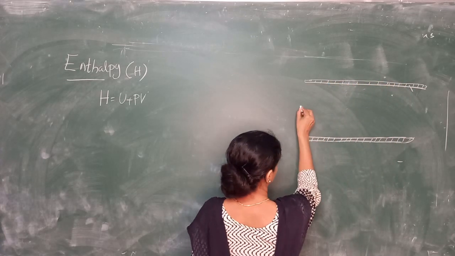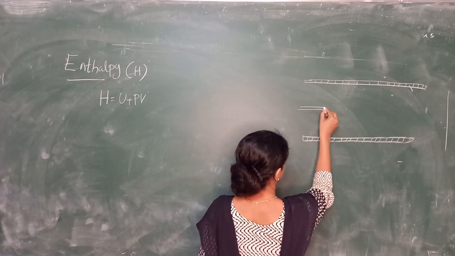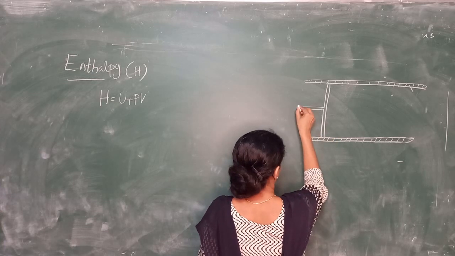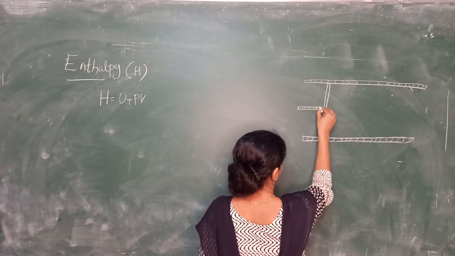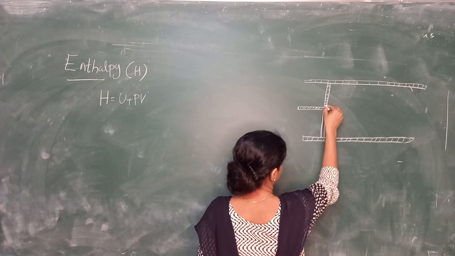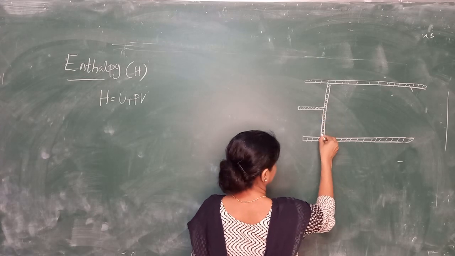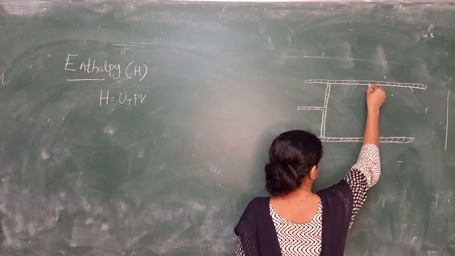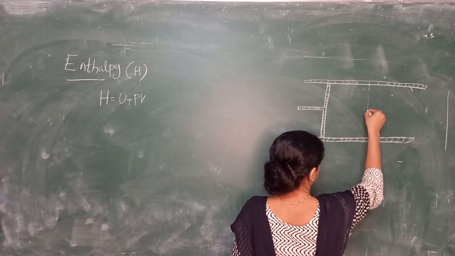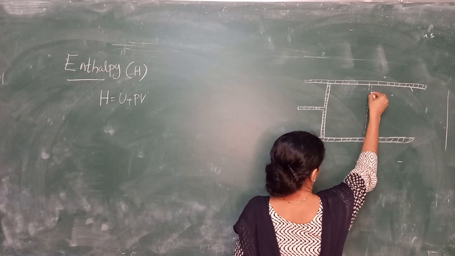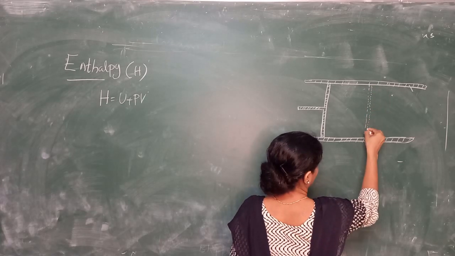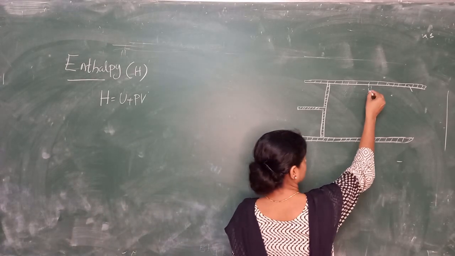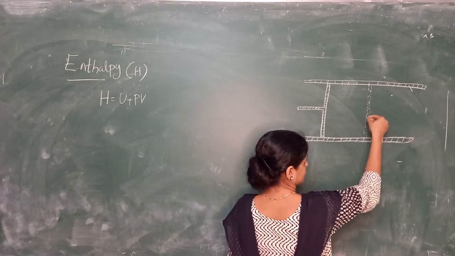We have two pistons here, and that is also an adiabatic piston. There is a porous wall, which will allow the gas to move to the other side. This is also an adiabatic wall.